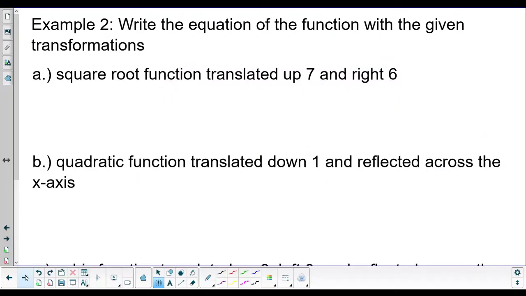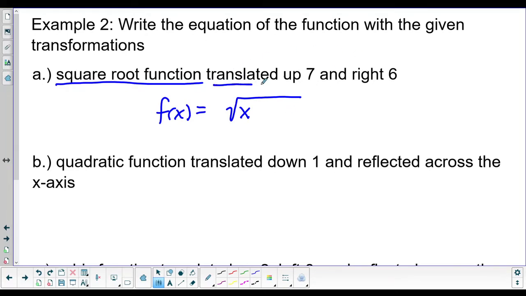All right, now we're going to write some equations. So first thing we want to do is read this, set up our parent function, and then we'll identify the transformation. So we want a square root function. So we're going to have f of x equals, leave a little room for a, the square root of x, and we'll leave some room for k, for h here.